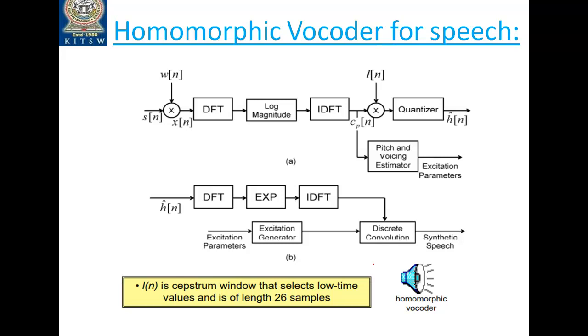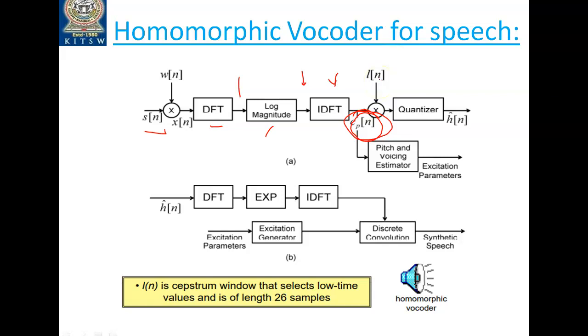So in the analyzer part, first we take the speech and apply a window, and you apply the DFT, and the spectrum will come. When you apply the log magnitude, we get the logarithm of the spectrum, and when you apply the inverse discrete Fourier transform, here we will have the cepstrum. And again, what is the procedure? We have taken the cepstral window. This is the cepstrum window L of n.